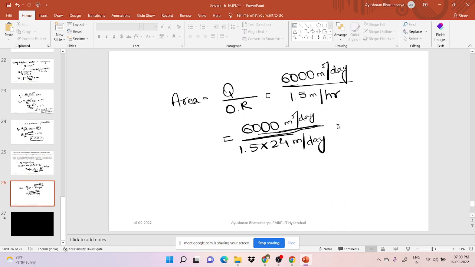After solving this, we will get the area as 166.66 meter square, since meter cube is cancelled by meter. To know the volume, we know volume is equal to area into depth.